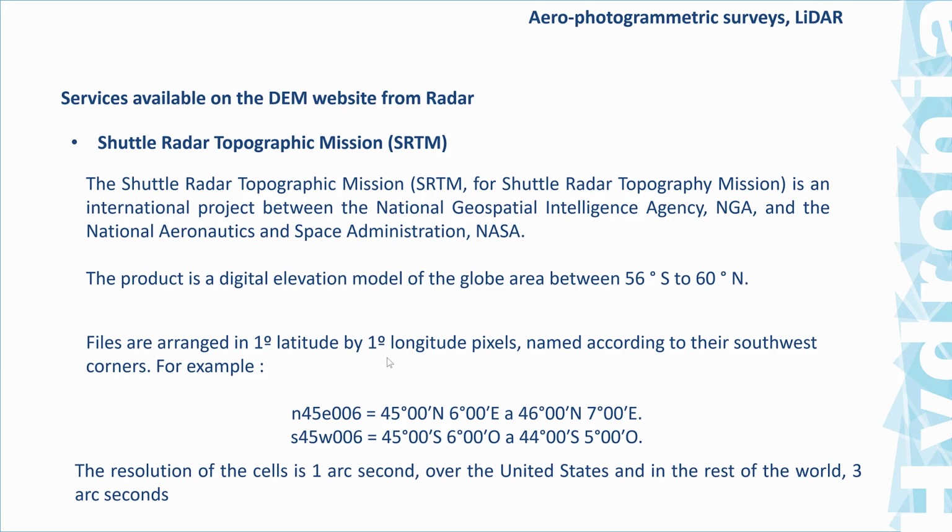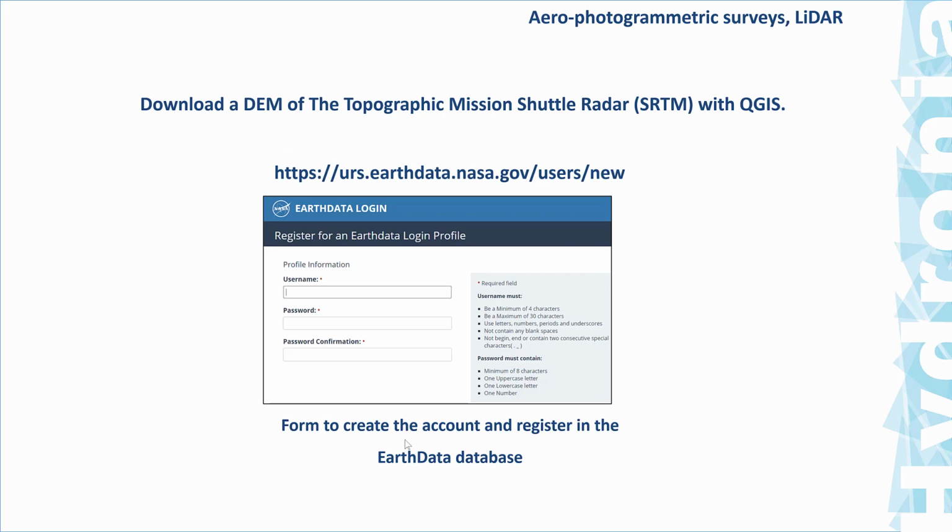The resolution here is 1 arc second, so that's the resolution of the cells in general. This is the website that you can use to download information for this shuttle radar data.